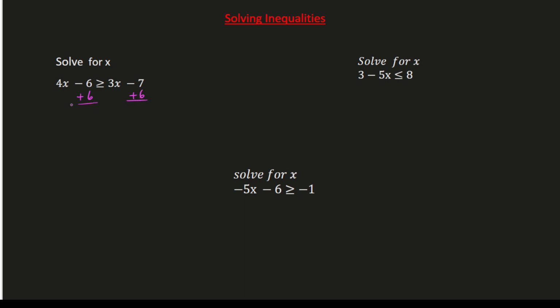So let's do some addition. Once we add these two, this is equal to 0, as a matter of fact. But we bring down that 4x here. We get 4x, but there is no more 6.